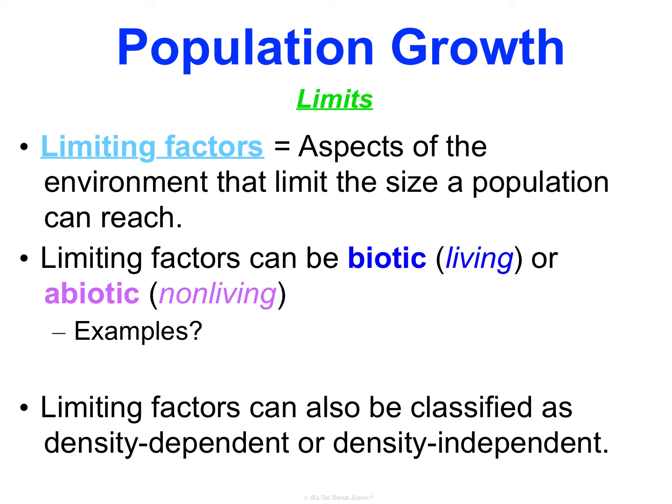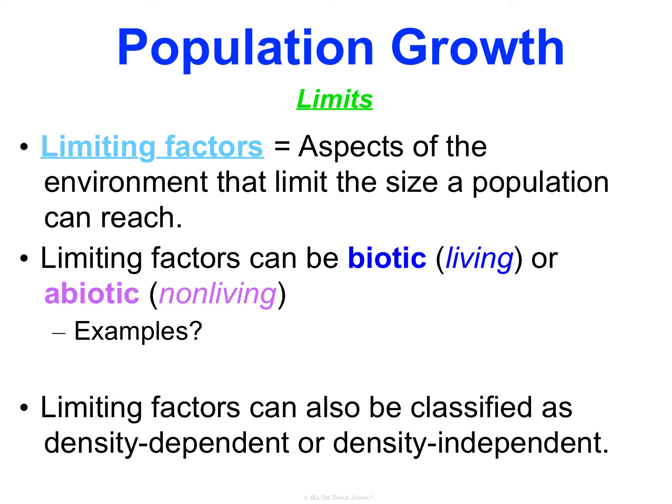So a density independent factor that would limit population growth are things like a volcanic eruption. If the population of bunny rabbits is 100 and then a volcano erupts, kills half of them and they're down to 50, then that is a density independent population limiting factor. But things that can be dependent are like food source.